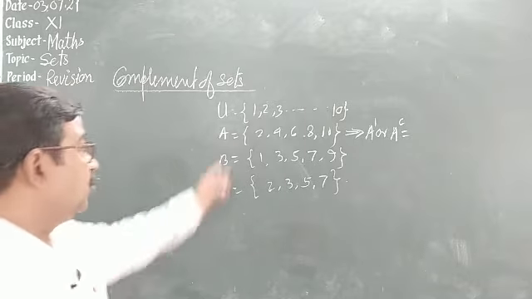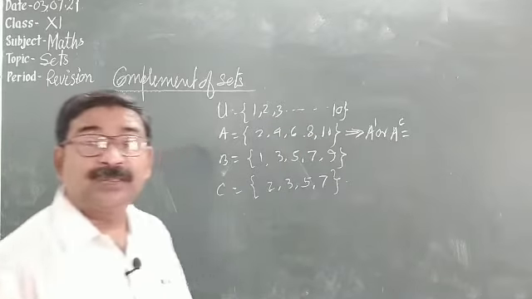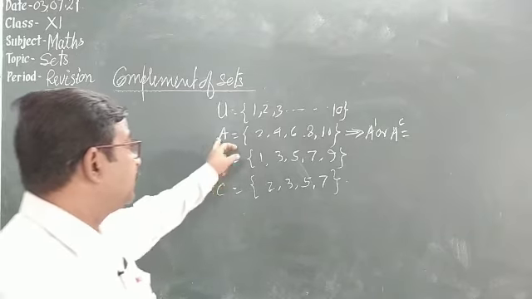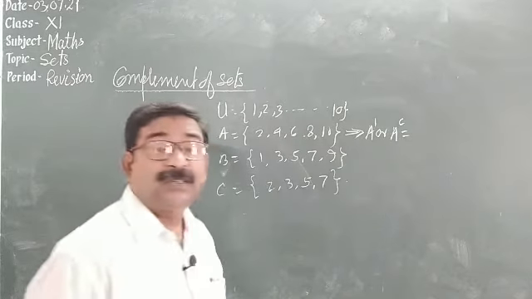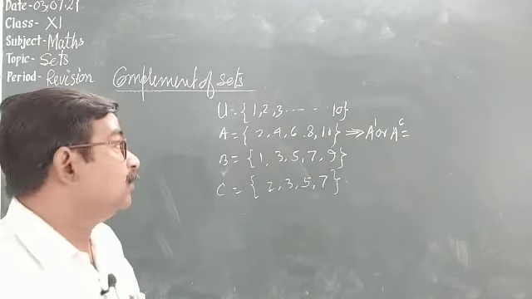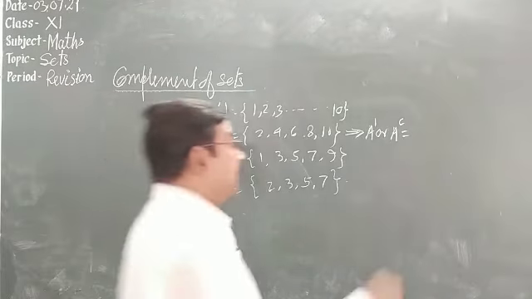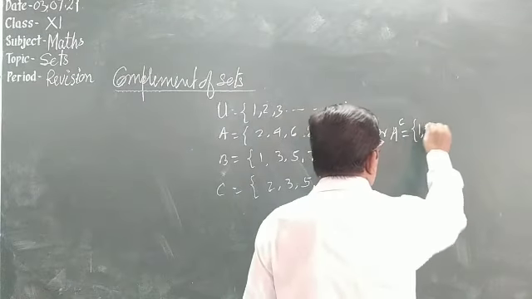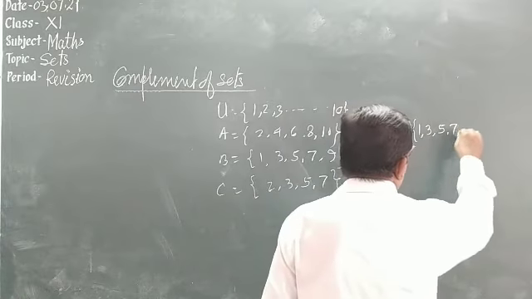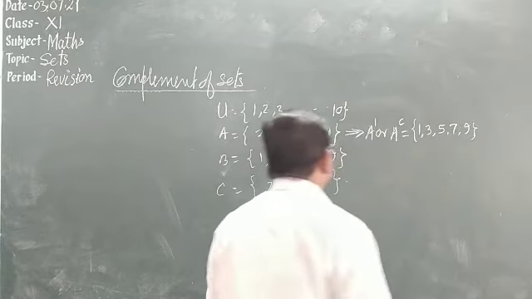So see, in the universal set we have all 10 natural numbers from the beginning, and in set A we have the even natural numbers less than or equal to 10. So what is left? It is 1, 3, 5, 7, 9.